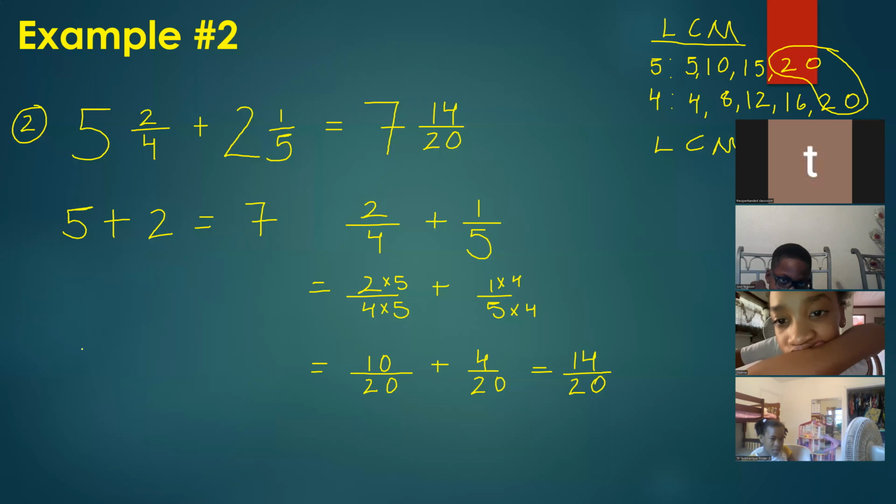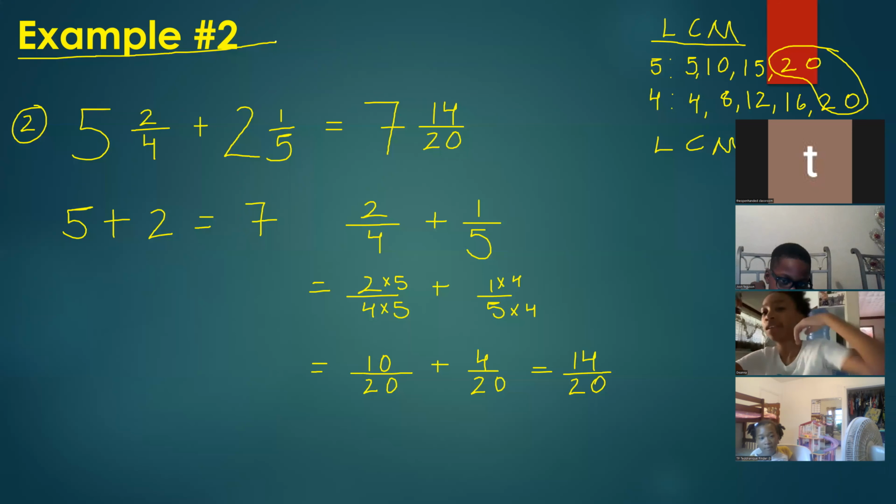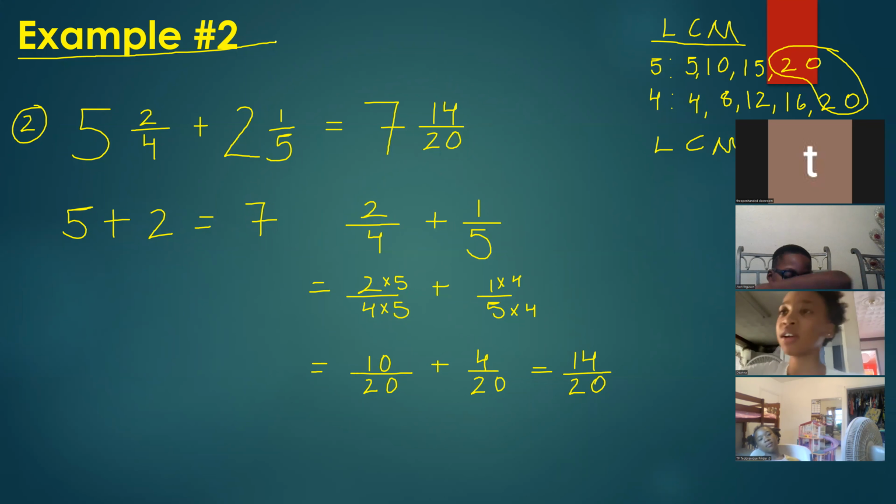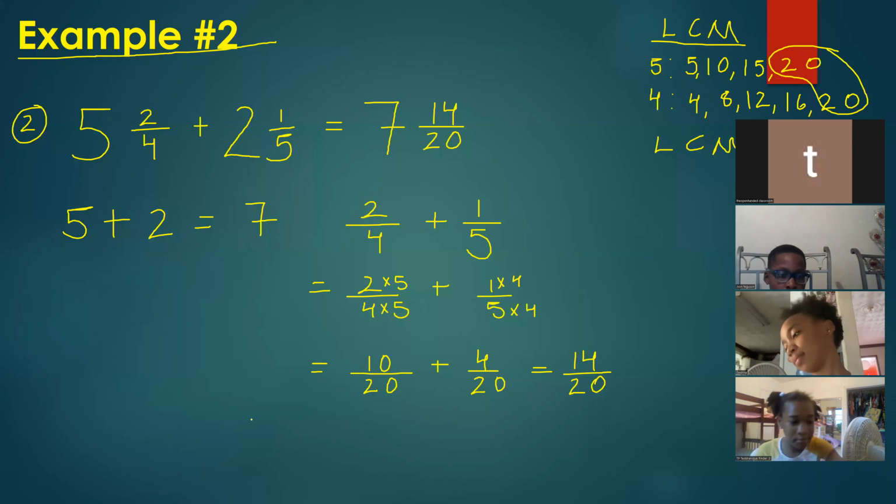Okay, so let's move on to the next example. Let's move on to the graded exercise. Excuse me, when we're doing the graded exercise, do you want us to put our working? Yes, show all working. Always show all working at all times.